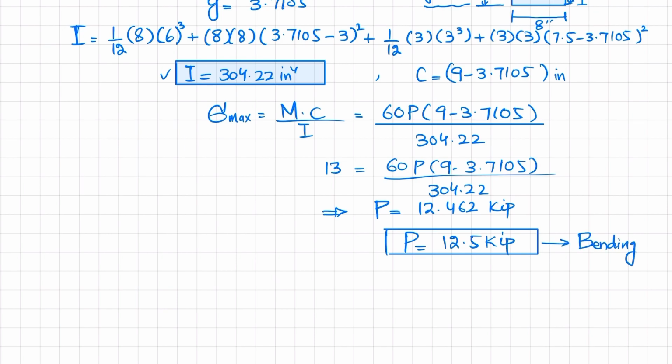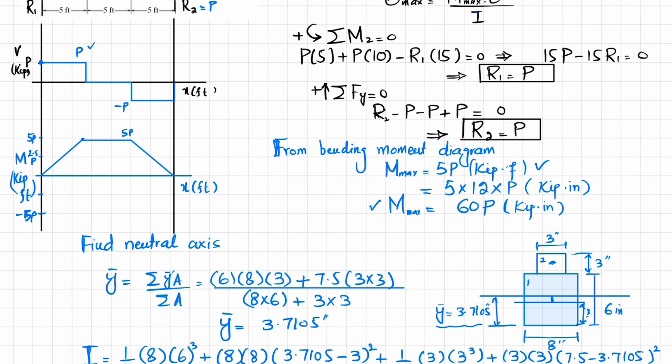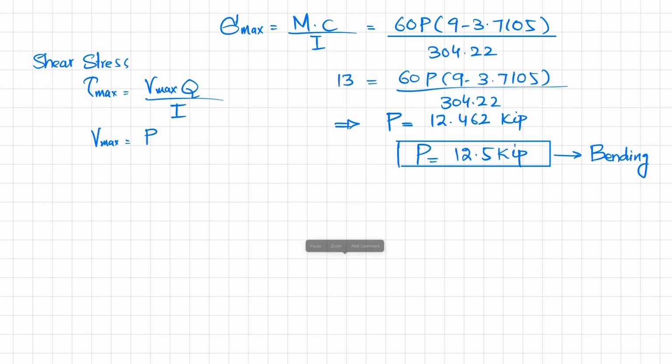Now we will check it for shear as well. Because we know that maximum shearing stress is equal to V max into Q divided by I. So V max from the shear force diagram is equal to P. You can see this is P, clear. And what about Q?